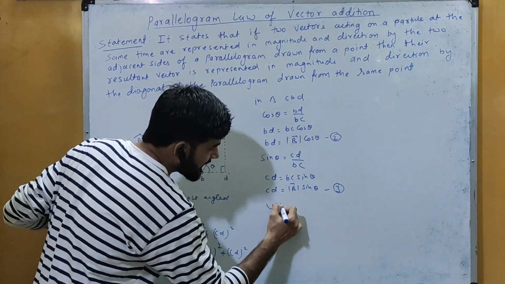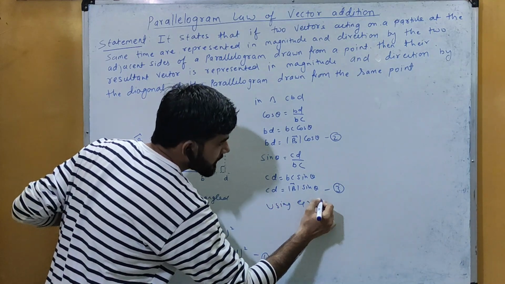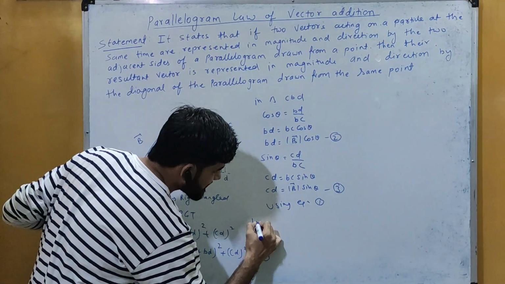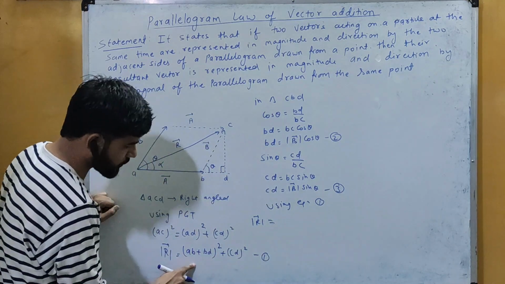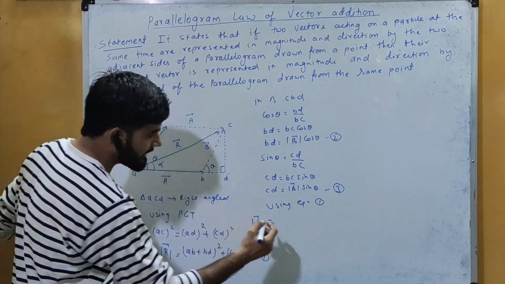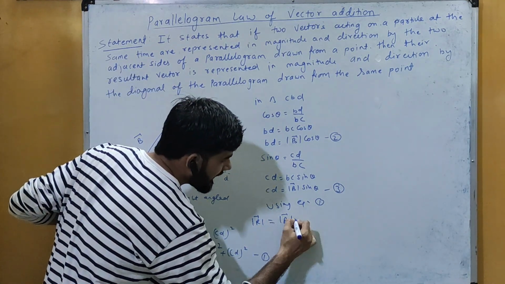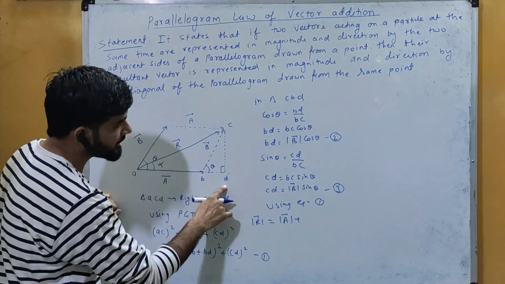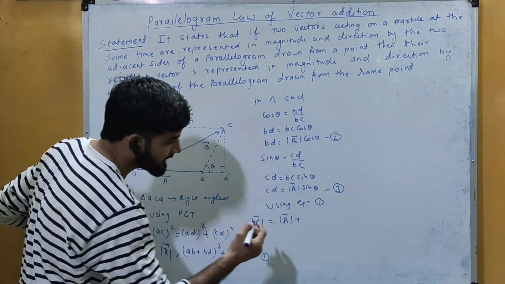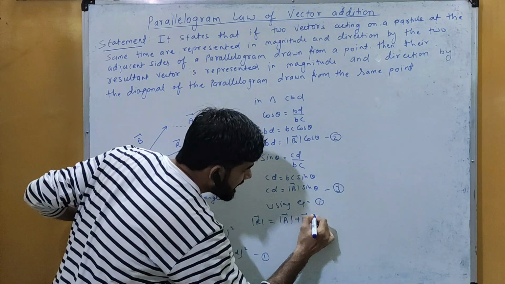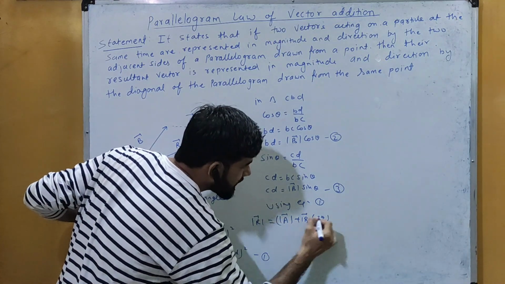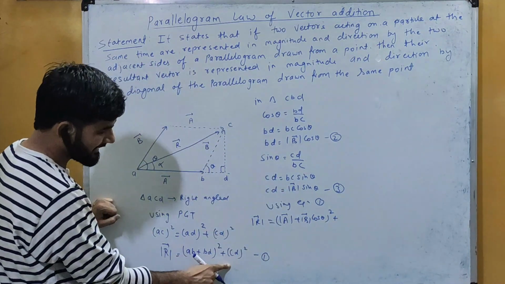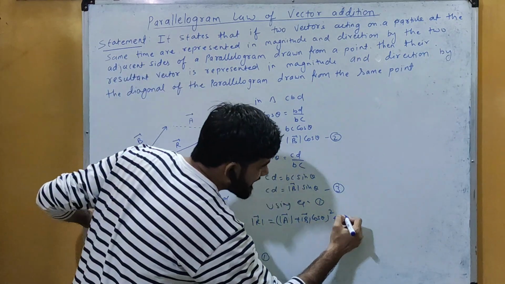So I can write using equation 1, this vector R is equal to the square root of AB plus BD whole square plus CD square. This AB is equal to vector A, plus this BD we have found here, that is B cos theta, whole square, plus we have CD square. This CD is equal to B sin theta.